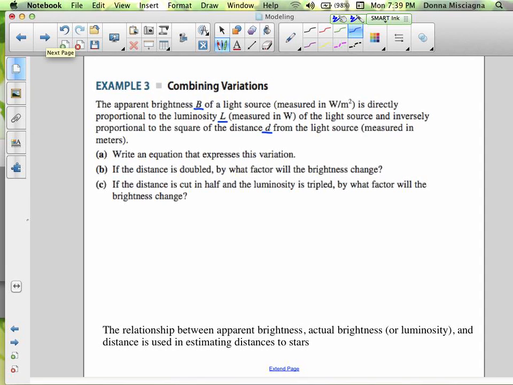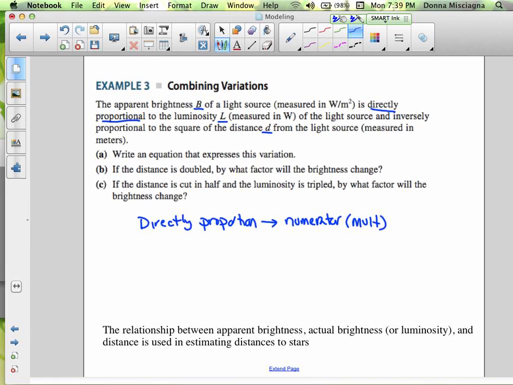All right, so if it is directly proportional, it's in the numerator. It's multiplication.